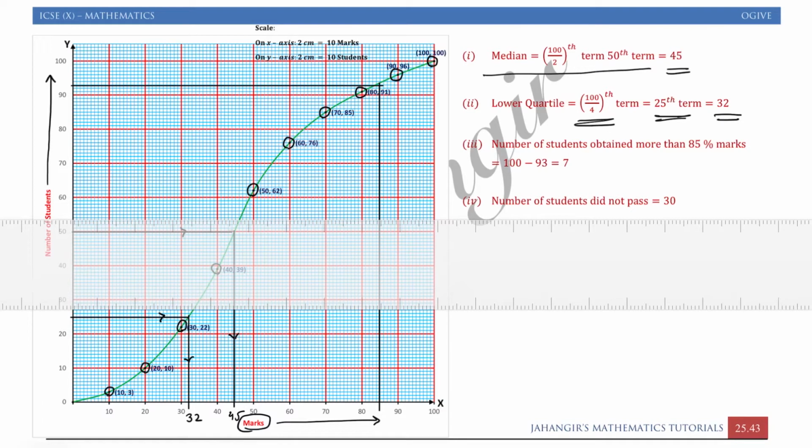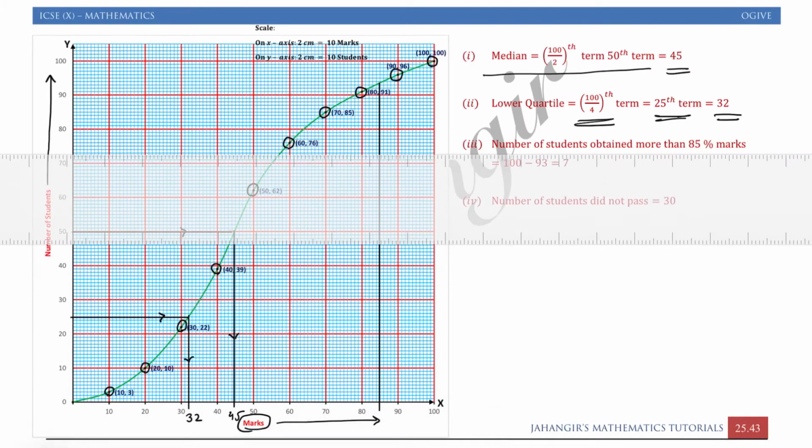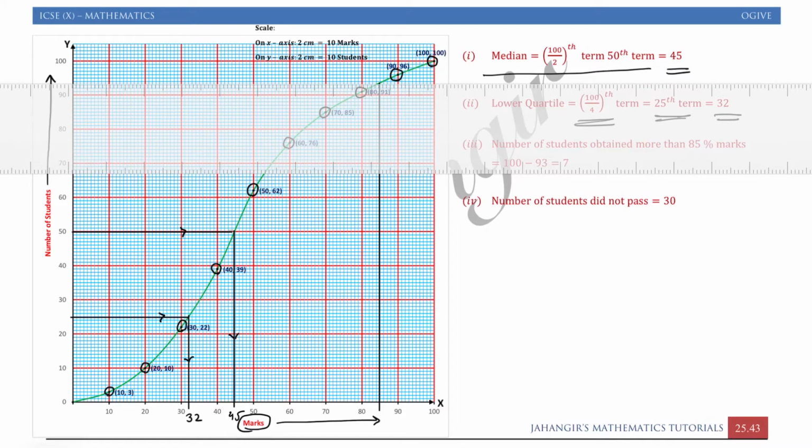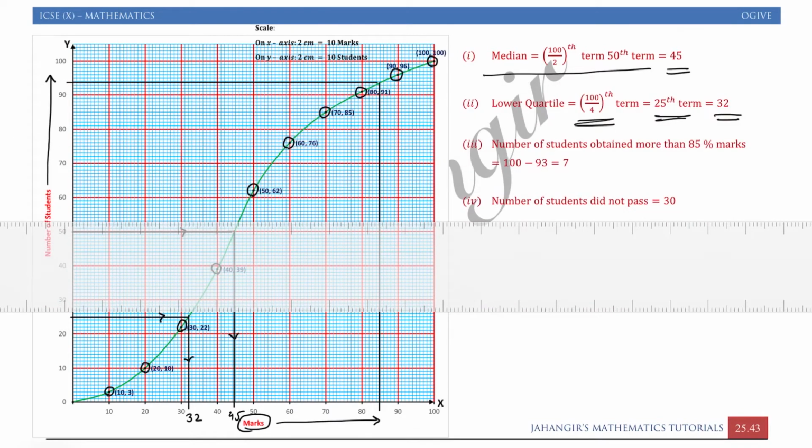I'm not getting proper reading. So reading is 94. So we can say either this is the correct answer, or we can say 100 minus 94, which is 6 students. Both are correct, depends on your graph.